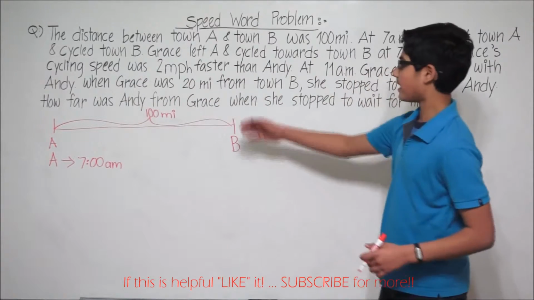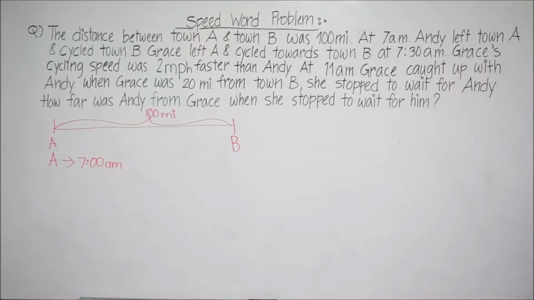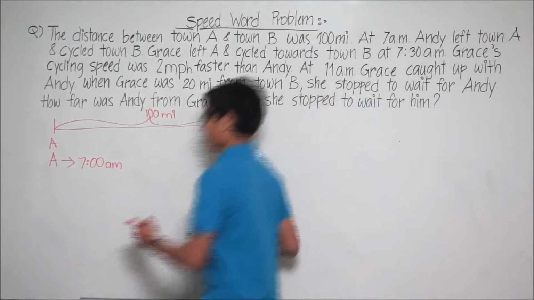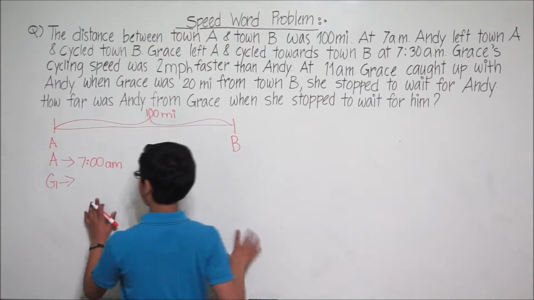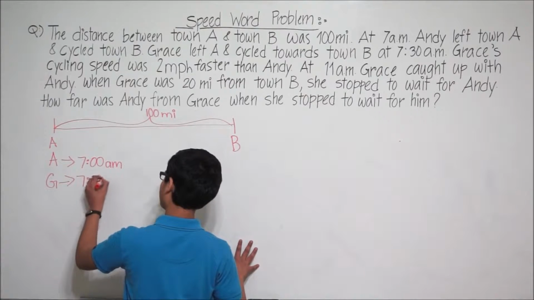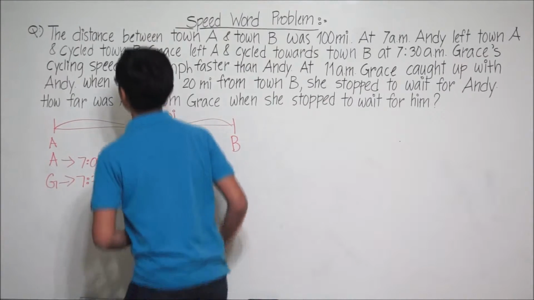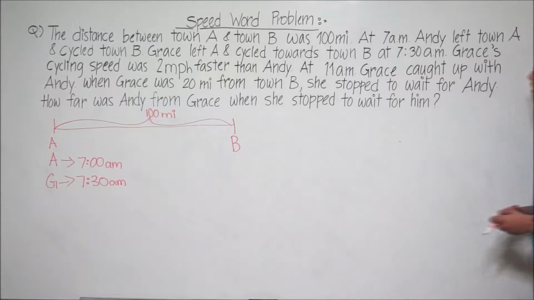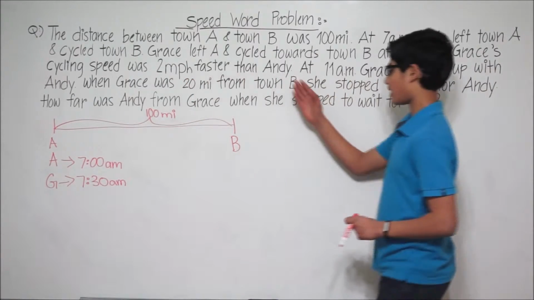And Grace left town A and cycled towards town B at 7:30 a.m. So Grace, G for Grace, left town A and cycled towards town B at 7:30 a.m. Now we know that Grace's cycling speed was 2 miles per hour faster than Andy's.